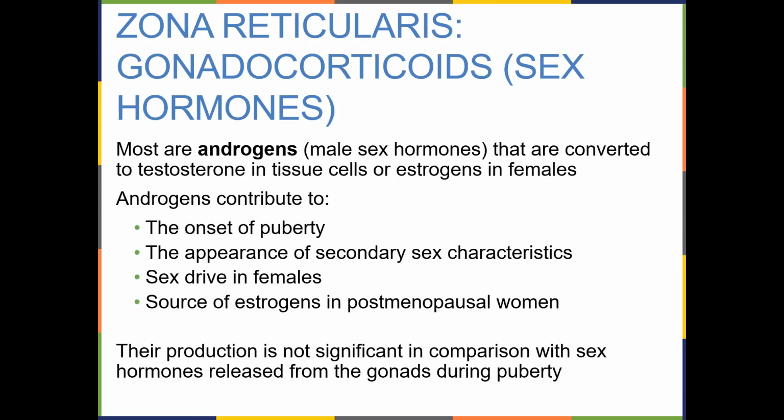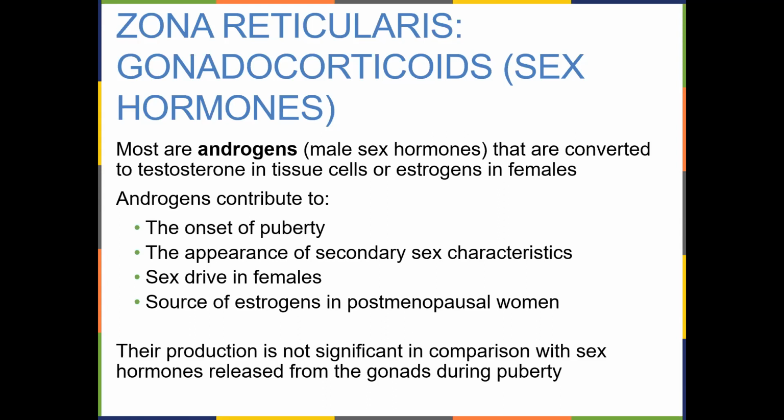Now, the androgens in females are converted to estrogens by the ovaries. And what do they do? Well, they trigger the onset of puberty. They trigger the secondary sex characteristics, you know, breast enlargement, facial hair, pubic hair, egg release, sperm production, things like that.